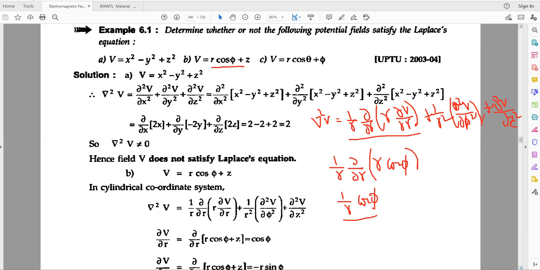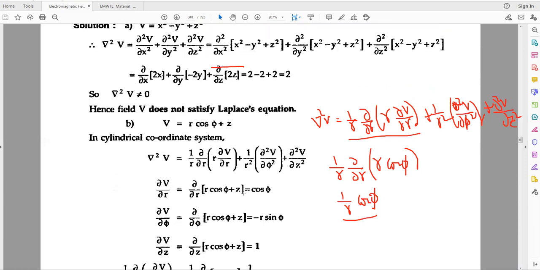You see here. So R into ∂V/∂R is equal to R into R cos phi plus Z, ∂V/∂R only. If I take ∂V/∂R, R cos phi plus Z gives cos phi. And ∂V/∂phi, and directly I am substituting the 1/R into cos phi here.